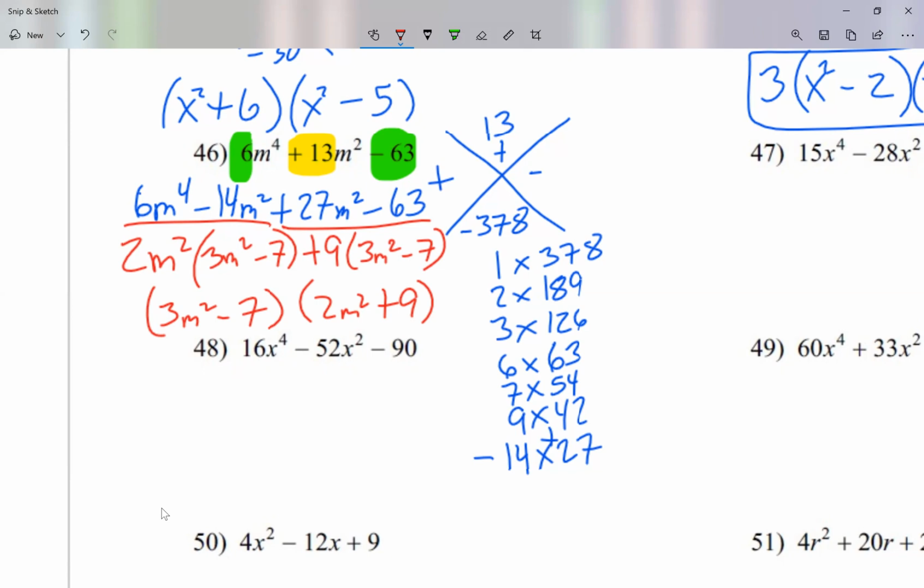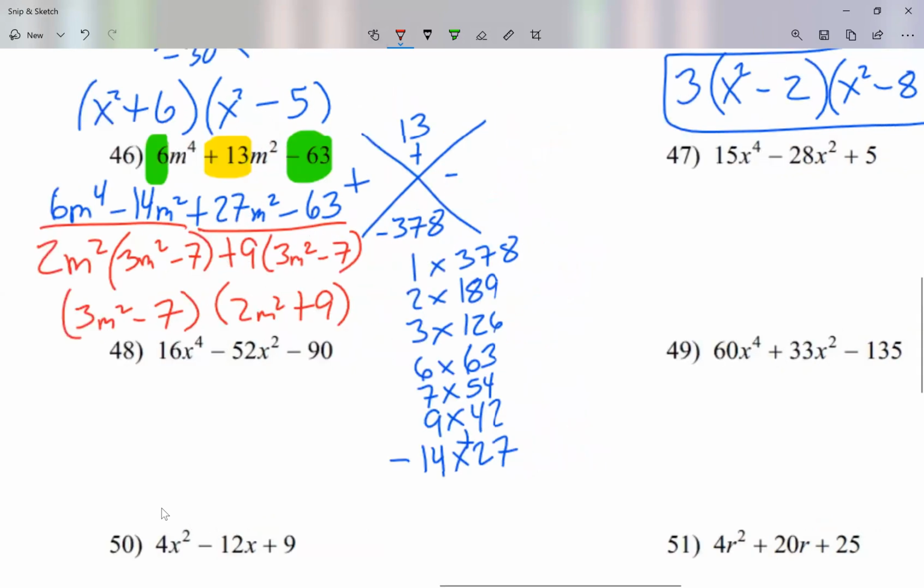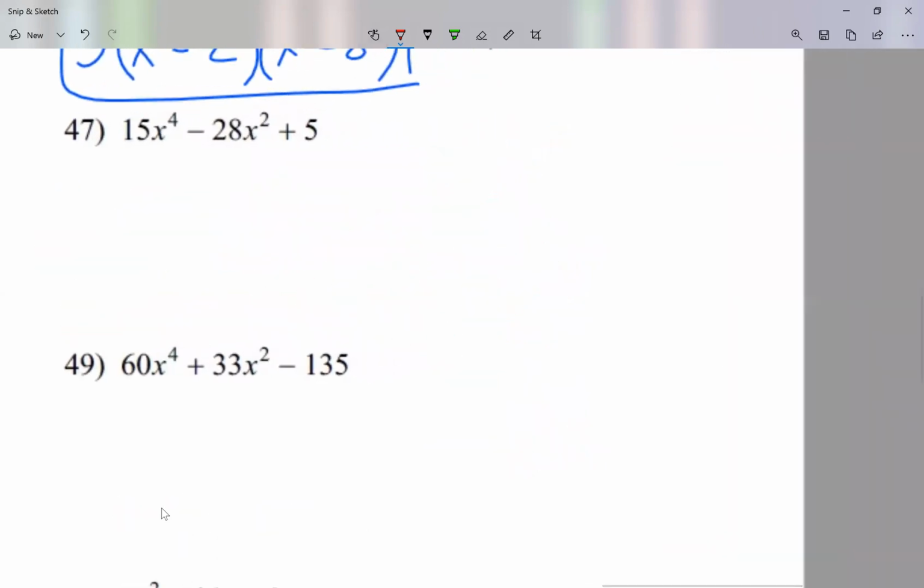Okay. Notice how I do my x thing to be able to see how I'm going to split my middle term. I split my middle term so I get 4 terms, and then I do by grouping, which is what we learned yesterday.